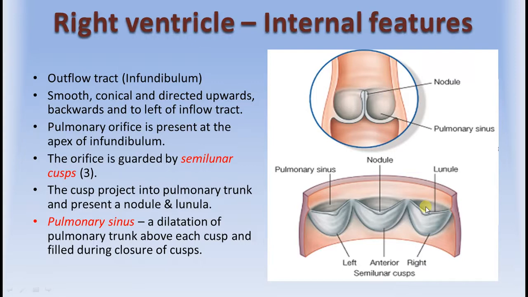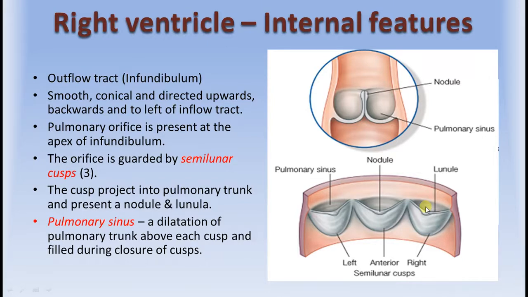So the outflow tract is also called the infundibulum. The upper part of the outflow tract is guarded by the pulmonary orifice, which is guarded mainly by the pulmonary valve.